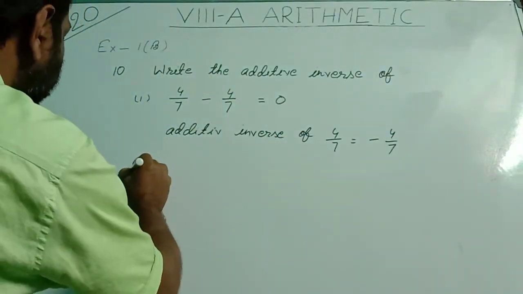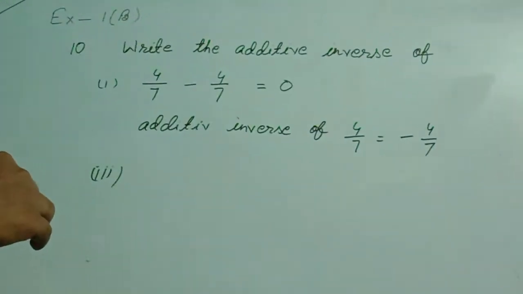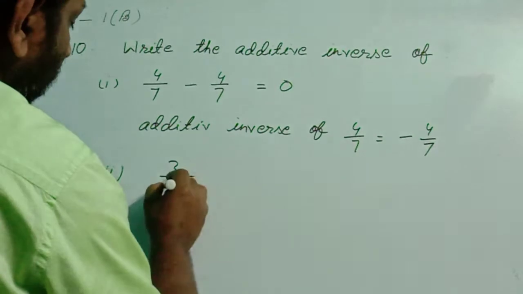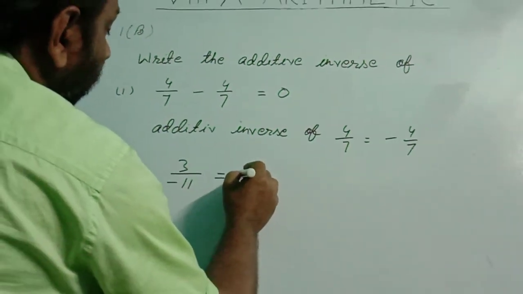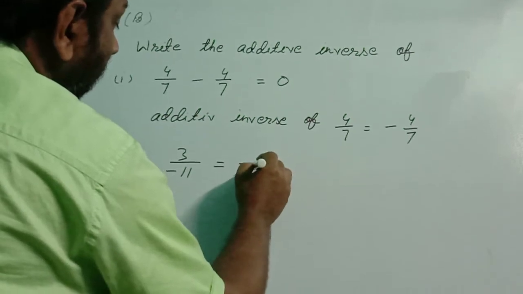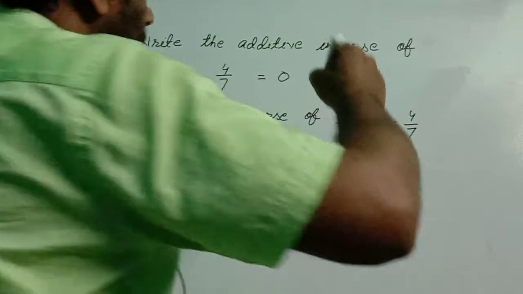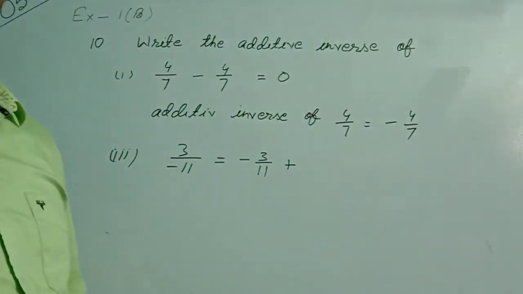Roman number 3. What is Roman number 3? This is 3 by minus 11. 3 by minus 11, or we write this as minus 3 by 11. Now you guess what you will add here so that the result will be 0.